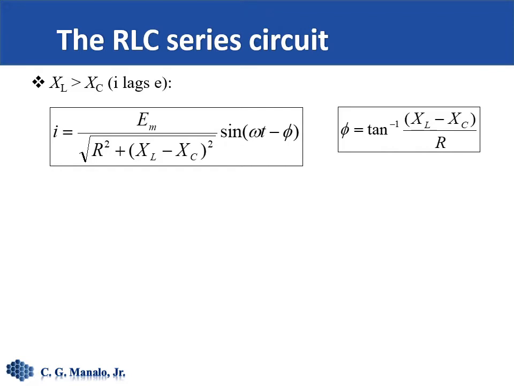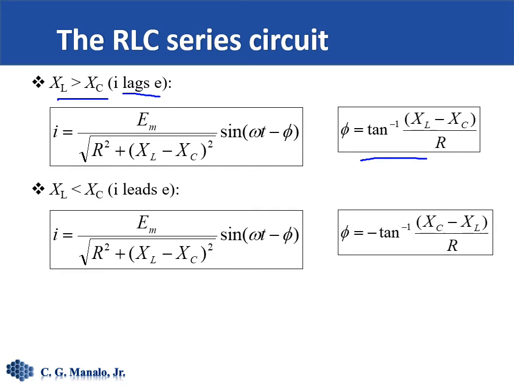For example, if X sub L is greater than X sub C, we have a condition where I will lag the source by this much. When X sub L is greater than X sub C, the RLC circuit is said to be inductive in nature and behaves like a series RL.